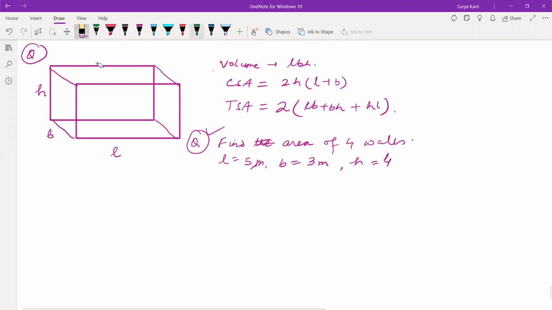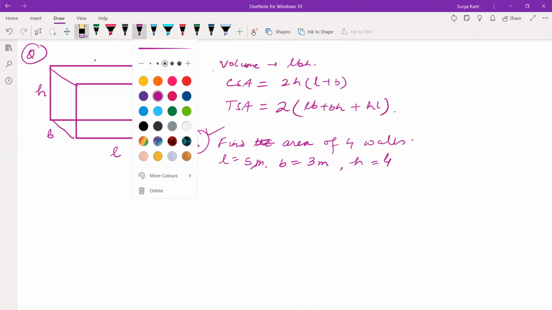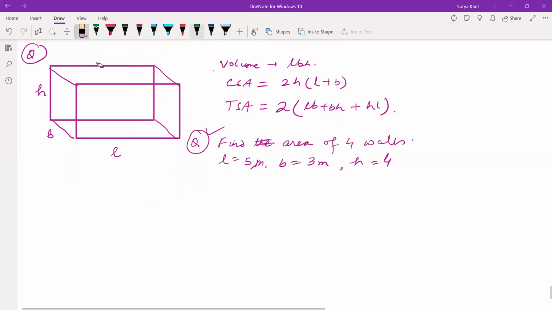Sir, 2H into L plus B is the formula. Okay, fine. And height from centimeters to meters, we'll get 4 meters. Then 2 into 4 into 5 plus 3, 8, into 8, 64.